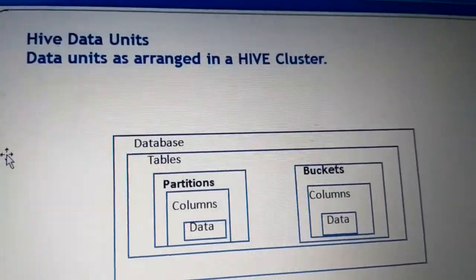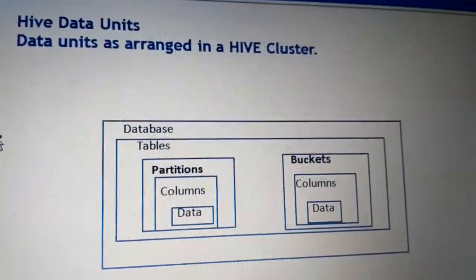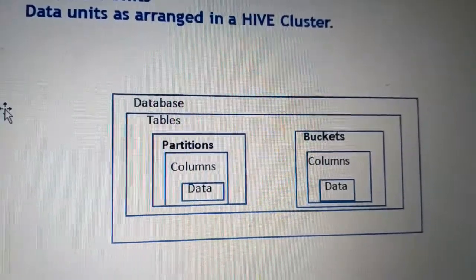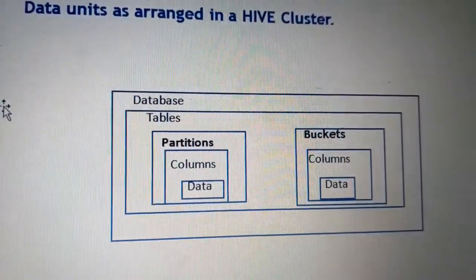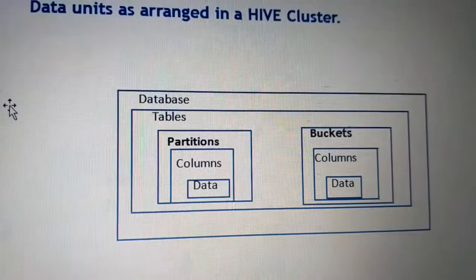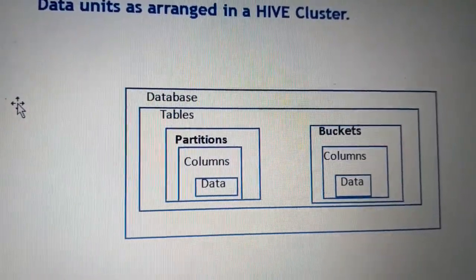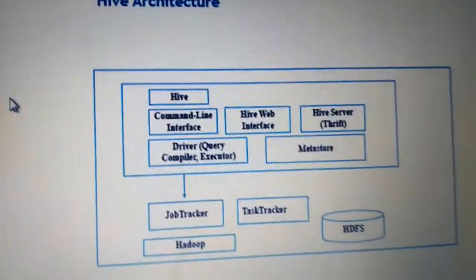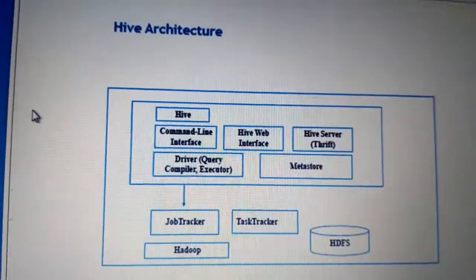Then Hive data units arranged in a Hive cluster. At the top we have databases, then the subunit as a table, then we have partitions and also buckets, and column and the data. This is the Hive architecture.